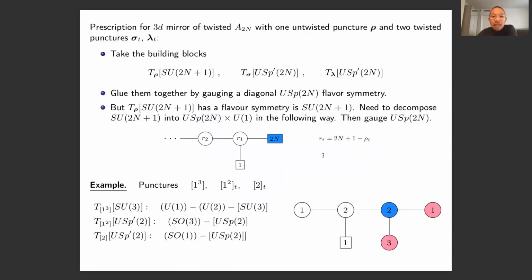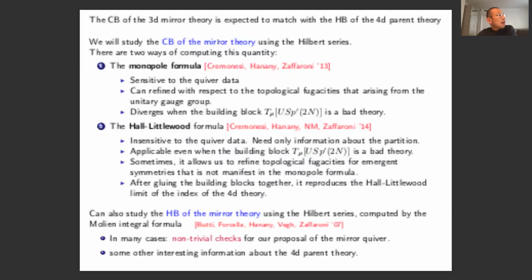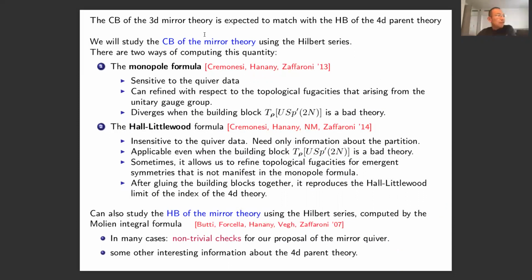But since we want to study only the moduli space of this theory, we use a limit of the index in some cases. For example, you can study the Coulomb branch of the 3D mirror theory, and match it with the Higgs branch of the 4D parent theory.